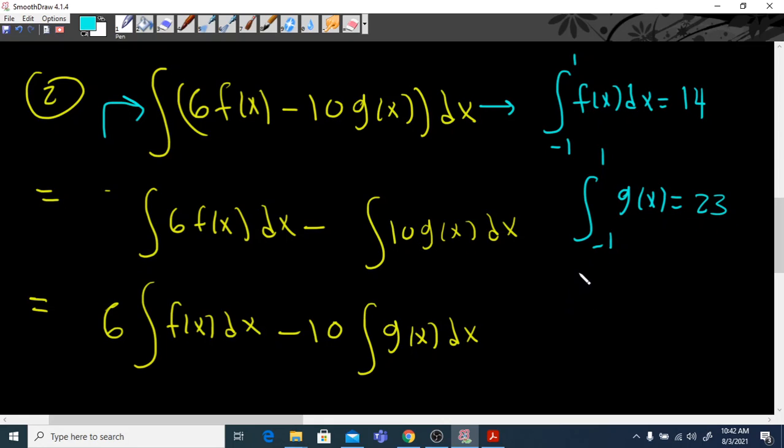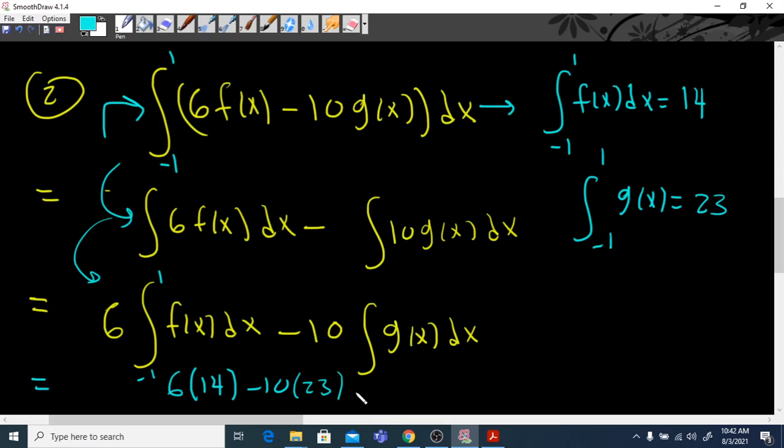Then they'll ask you to find the integral from -1 to 1 of all this. Very typical type of question. We would just use these properties and plug stuff in. So that's going to be 6 times 14 minus 10 times 23. Whatever that number is, that's the result. That's how you would do that problem. Awesome.